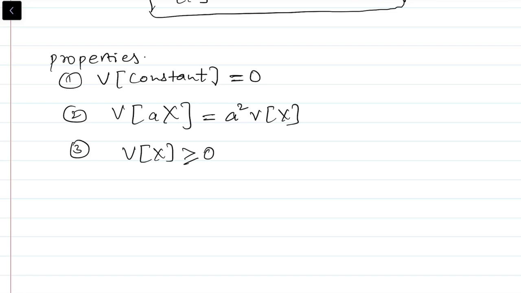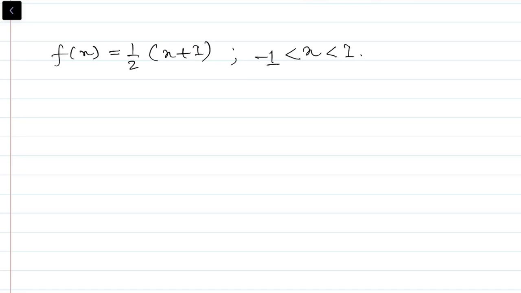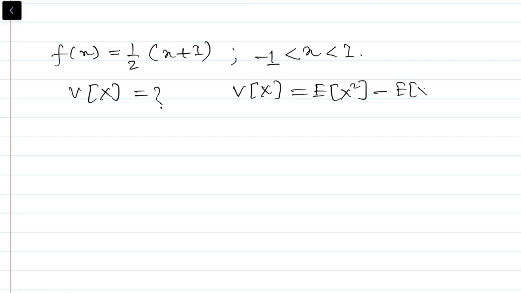All right, now let's do one question on variance. Suppose you are given a function f(x) equals half times (x plus 1), and the range of x is greater than -1 and less than 1, and you are asked to calculate the variance of x. So we know the formula of variance, that is expectation of x square minus expectation of x whole square.